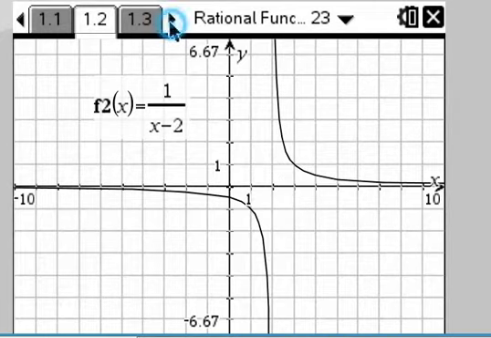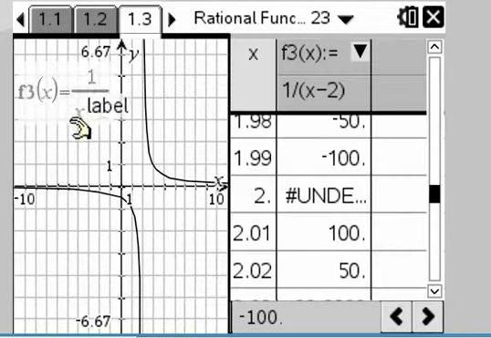If we look at the graph, this is the same graph, 1 over x minus 2. If we look at the table here, we can see at 2 it's undefined, because when x is 2, 2 minus 2 is 0, and anything divided by 0 gives you an undefined number.